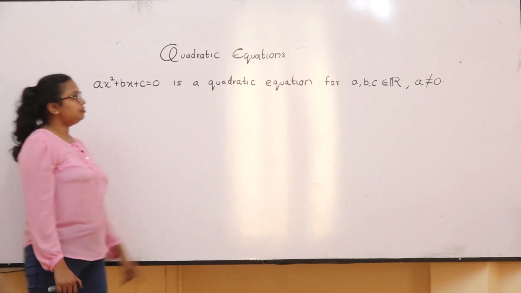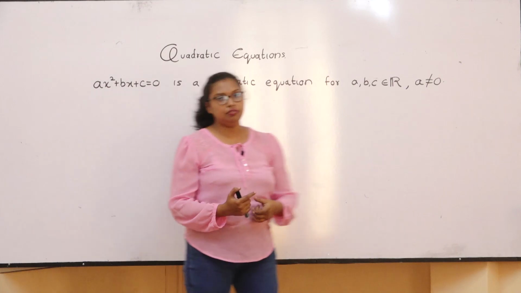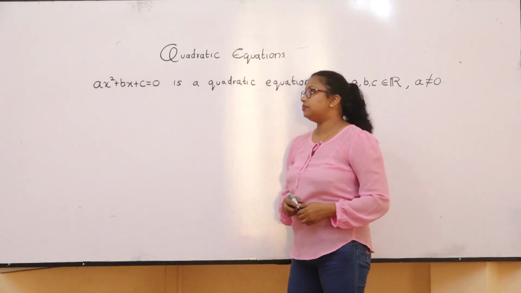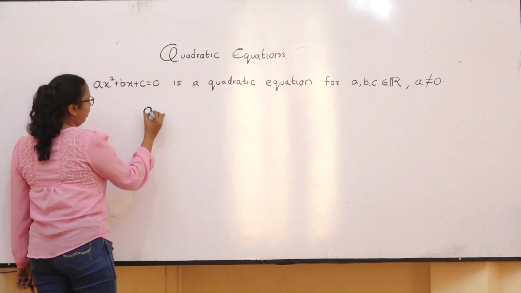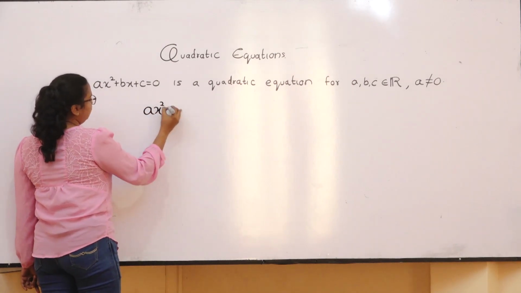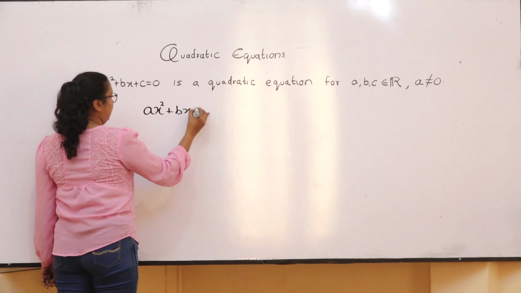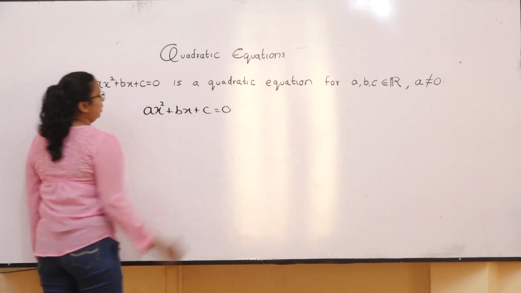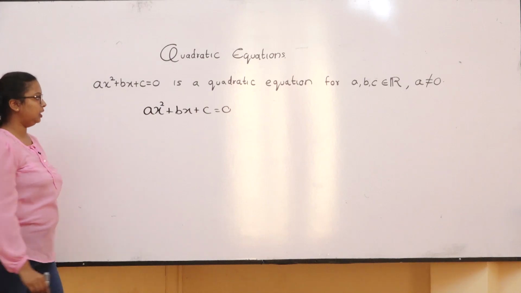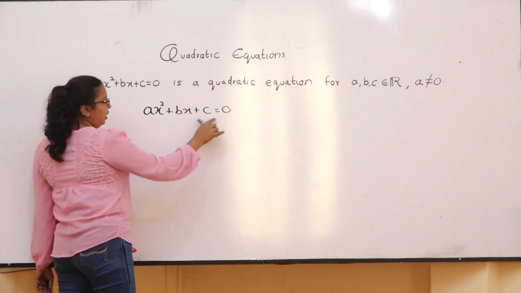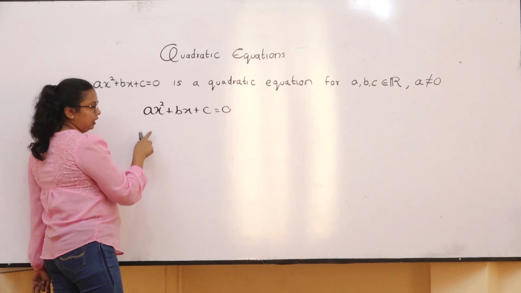Now, let us find the solutions of a quadratic equation. That means I am going to find x in ax squared plus bx plus c equals 0. I will divide all the three terms by a.